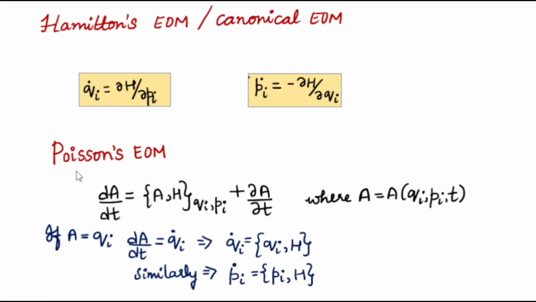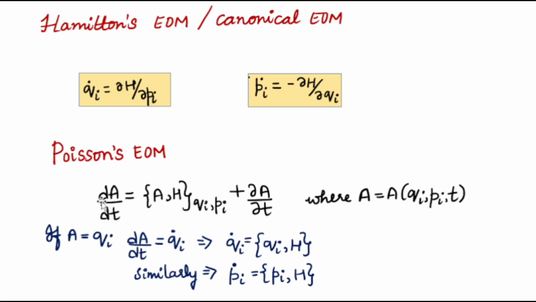Okay, now we arrive at the final one, Poisson's equation of motion. That is the derivative of A, where A can be any dynamic variable which depends on the generalized coordinate, generalized momentum as well as time.